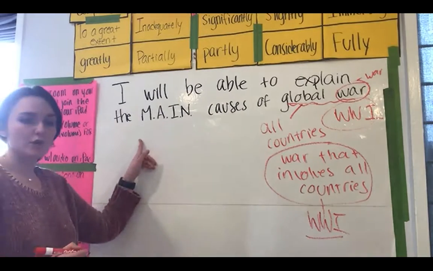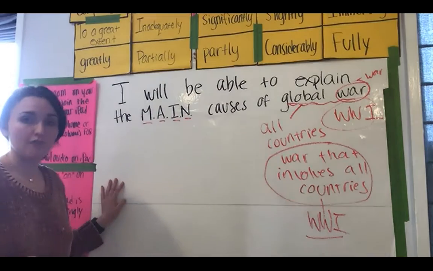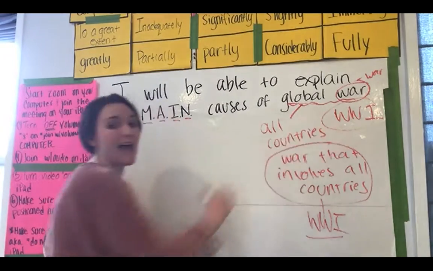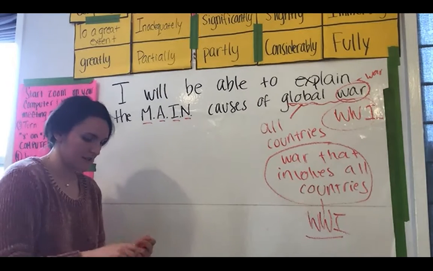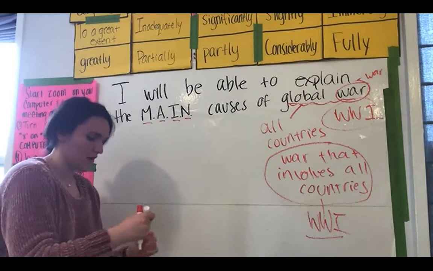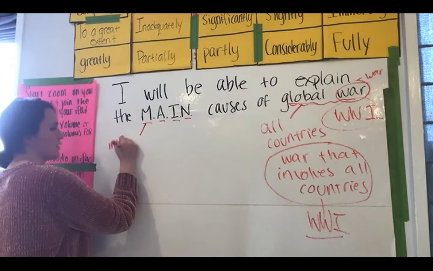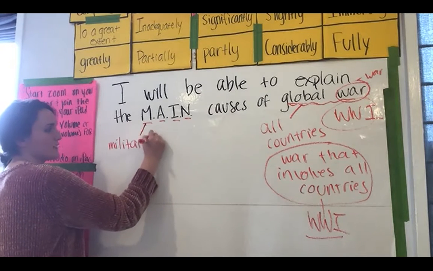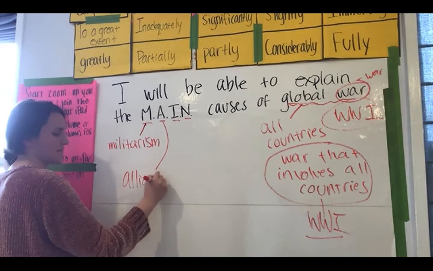Today, you guys are going to figure out the four main causes of both World War I and all global wars. These main causes are militarism, that's what the M stands for. Militarism, alliances, that's what the A stands for.